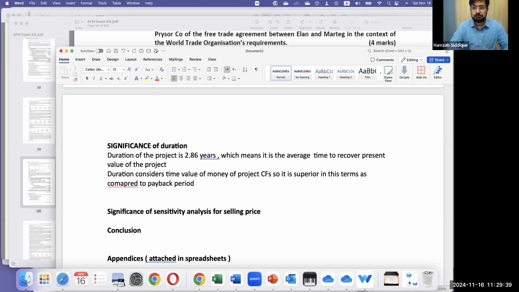Moreover, it helps to consider full life of the projects and its all cash flows.